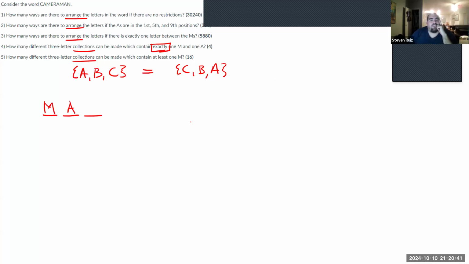So I already said I'm looking at combinations here. How many objects do I have to choose from for that last blank? Well, it could be a C, not an A, not an M. It could be an E, it could be an R, or it could be an N. So I don't want to use another A or an M, so those are not options. So I have 4 objects, but how many am I going to choose from those 4 objects?